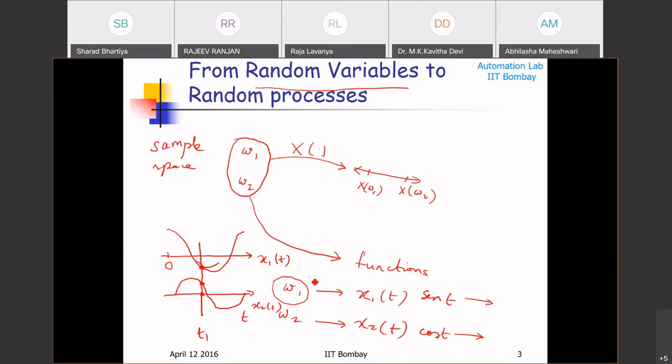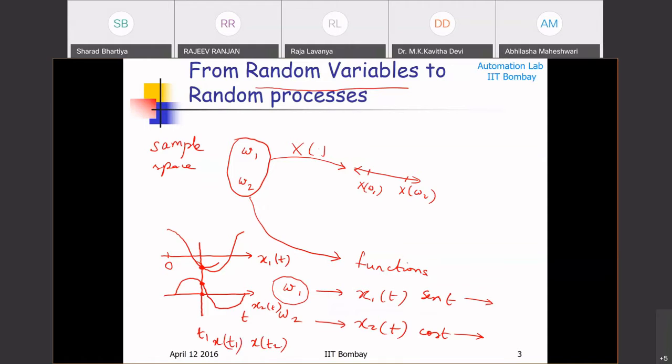So you have a random process x of t, but if I fix t is equal to t1, you have got two realizations of that random variable x of t1. Okay. Similarly, you can have another variable x of t2. And now you'll say that time is continuous, and so you get a continuous function.